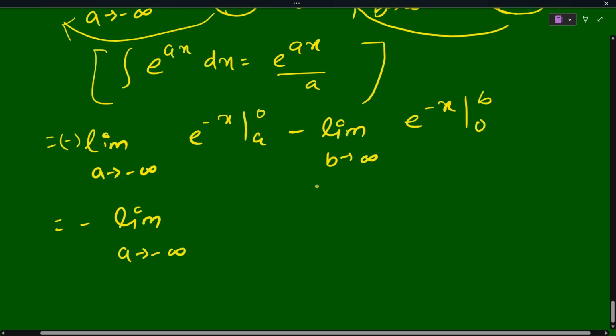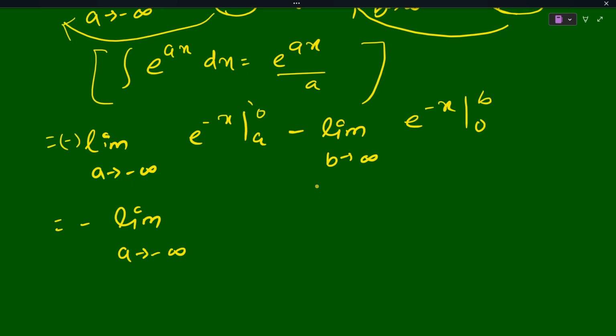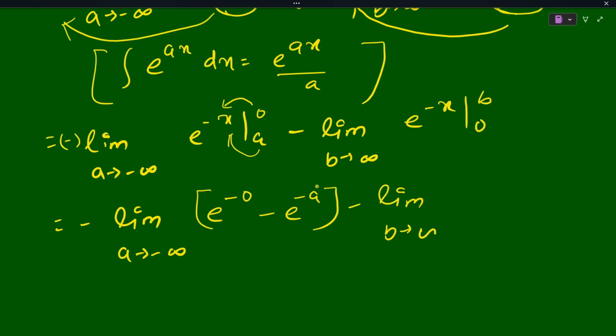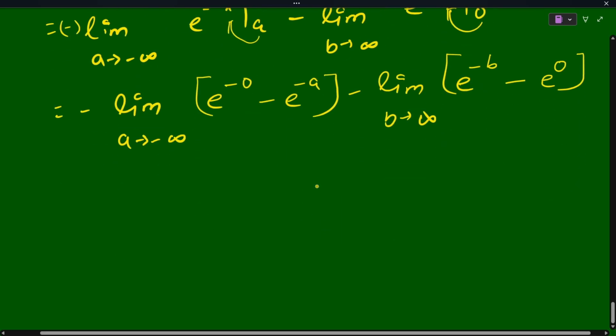This one is how to put this right hand limit, so x upper limit here minus 1 times the lower limit, so it is e to the power minus a, and minus limit b tends to infinite, again here the upper limit once minus lower limit once, so it would be e to the power minus b minus e to the power 0.